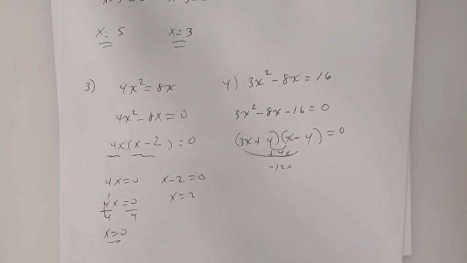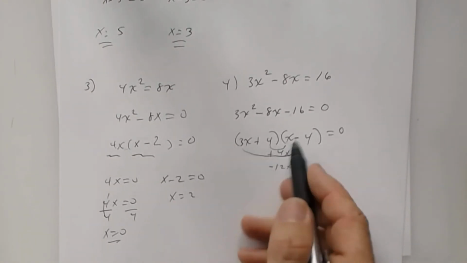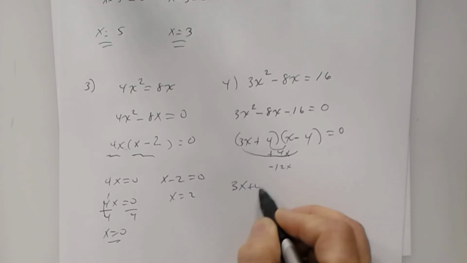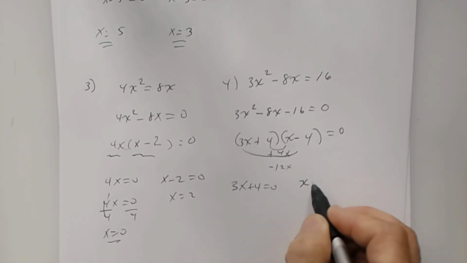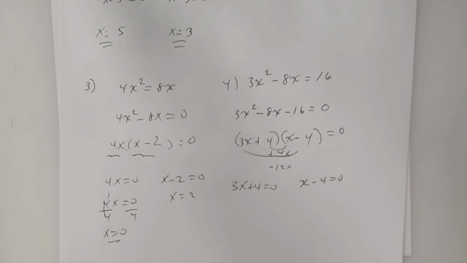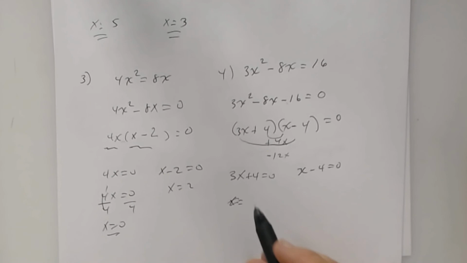Now, what's the next step? The zero factor property. So you set each factor equal to 0. So what's x over here? 0. Okay, I guess I got to actually do the work, right?